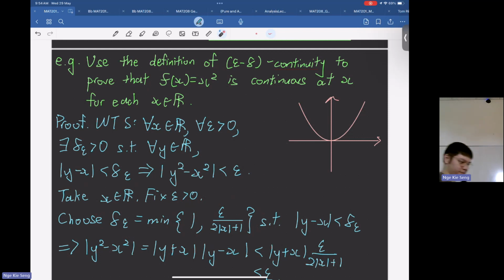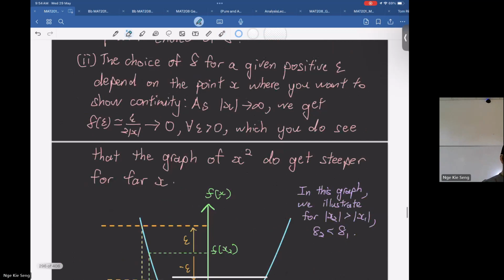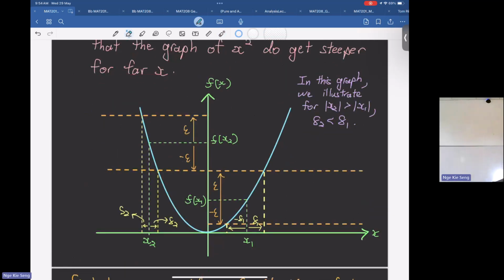Okay, I give you this picture here. If you fix the same epsilon, you see, going further away from 0, your delta becomes smaller. Can you compare the two deltas here, delta 1 and delta 2? Delta 2 is clearly smaller than delta 1, and x2 is further than x1 from 0.